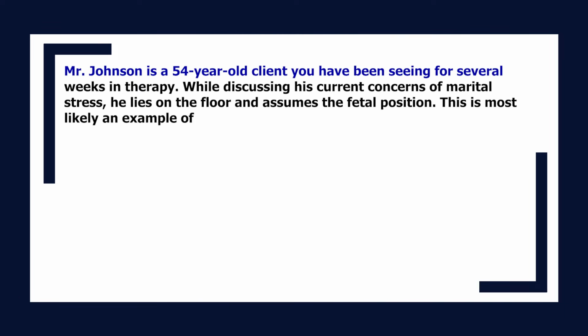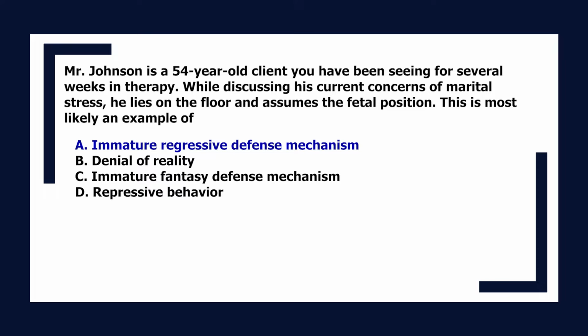Mr. Johnson is a 54-year-old client you have been seeing for several weeks in therapy. While discussing his current concerns of marital stress, he lies on the floor and assumes the fetal position. This is most likely an example of A. Immature regressive defense mechanism. B. Denial of reality.